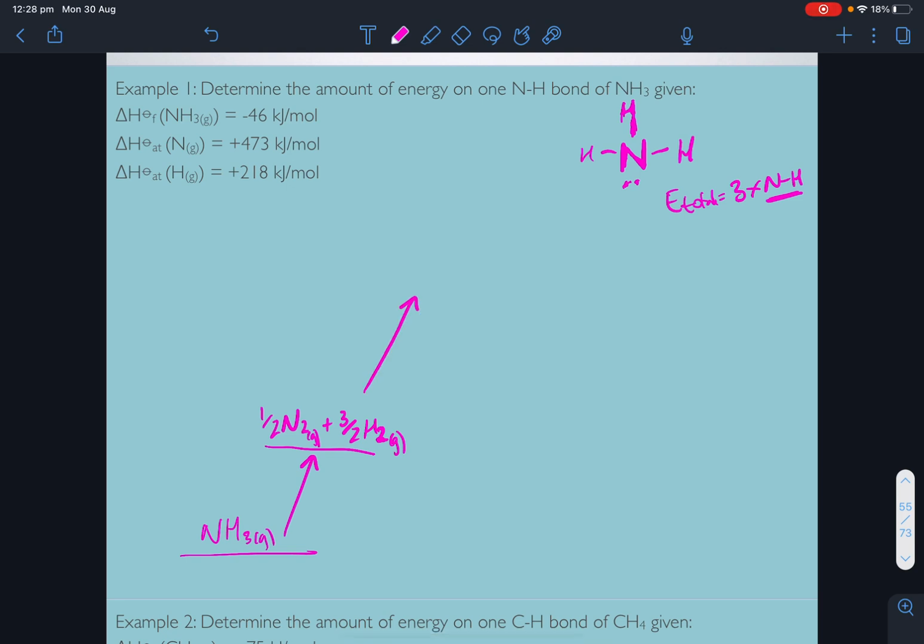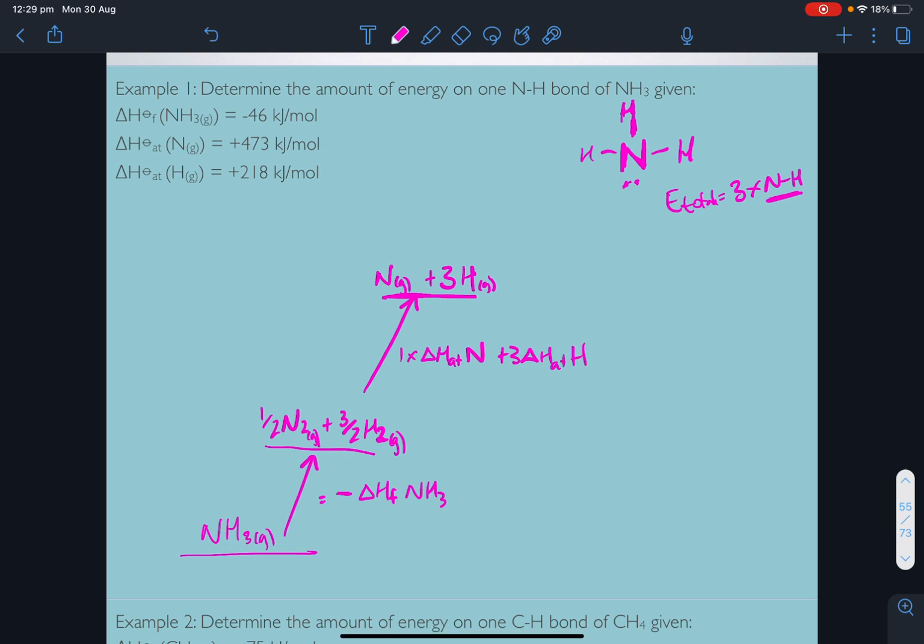And then we're taking it up somewhere where that's just equal to the negative heat of formation of NH3, okay? And then we're taking it up to the atomization level where we're going to have a nitrogen atom gas and 3 hydrogen gaseous atoms. So we're going to need 1 times the heat of atomization of nitrogen plus 3 times the heat of atomization of hydrogen.